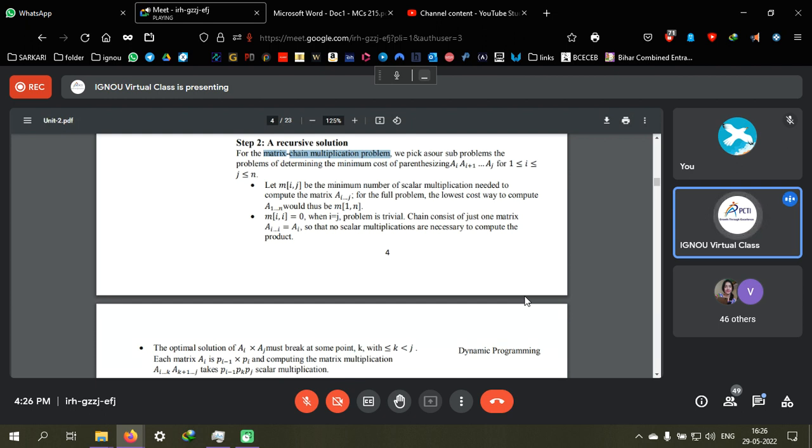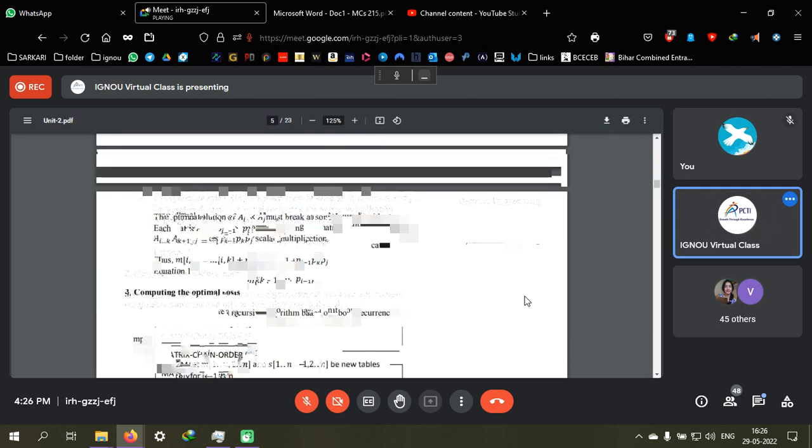The i value is always greater than or equal to 1 and the j value is always less than or equal to n. So if I have a matrix value m[i, j] with the minimum number of scalar multiplications needed to compute the matrix, for that we have one formula like this.